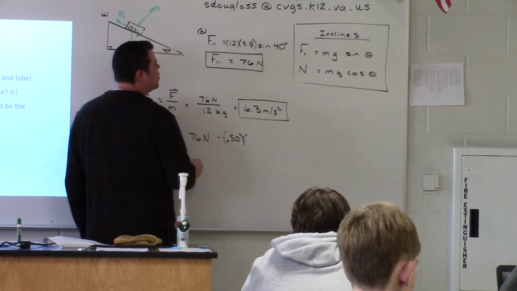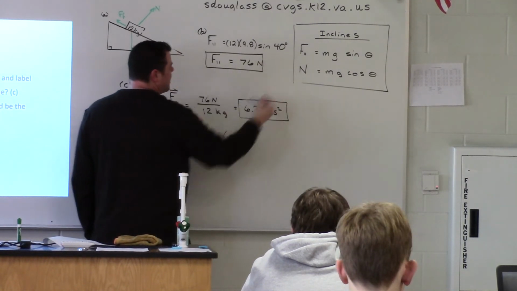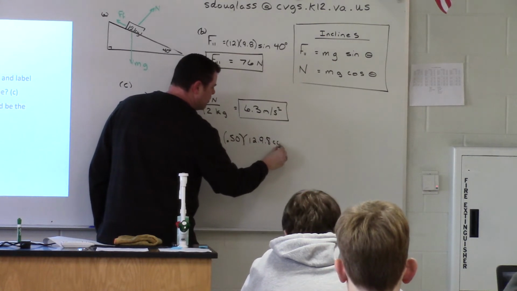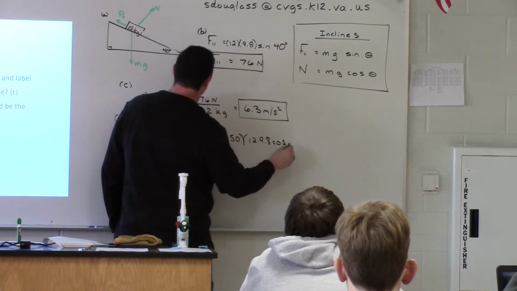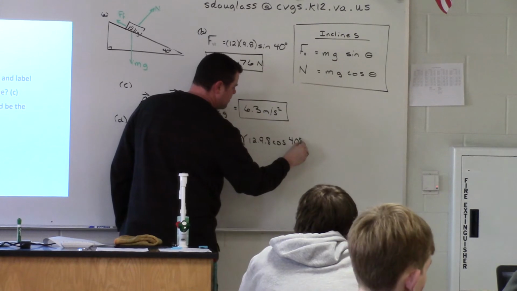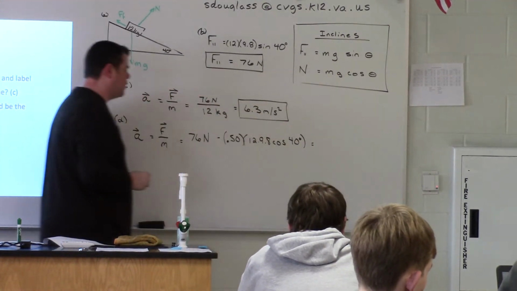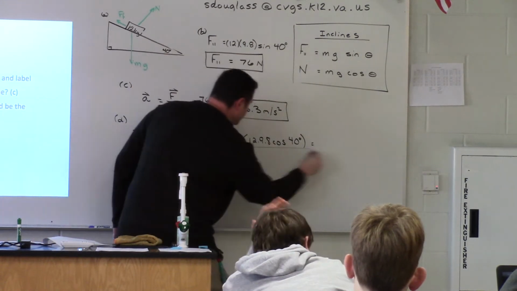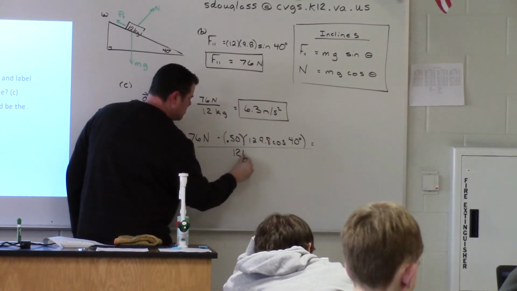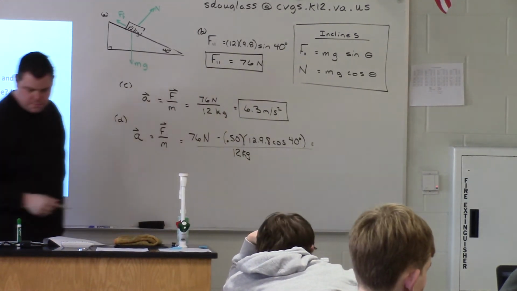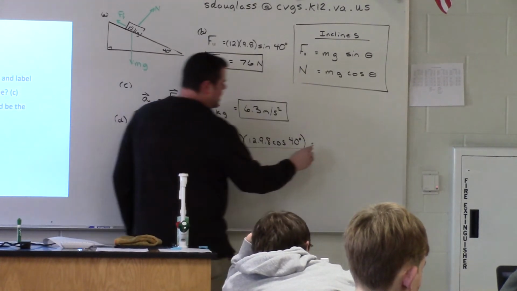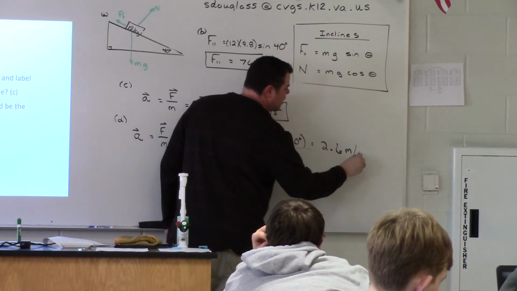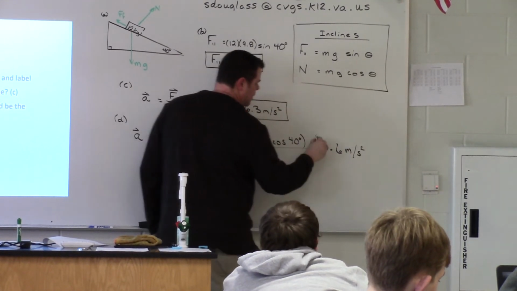The normal force is the weight cosine theta, right here. And when you find the net force, you divide the whole thing by the mass. Giving you an acceleration of about 2.55 or 2.6 meters per second squared.